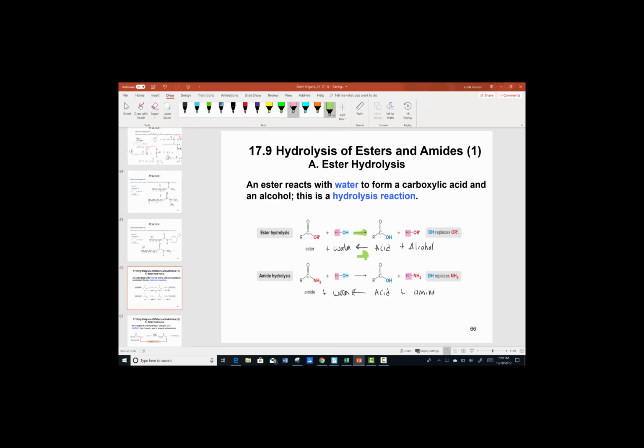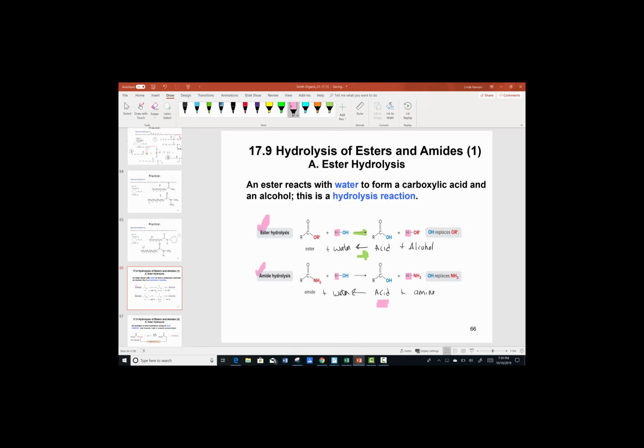So this overall driving force is to get the acid back from the original product. And so as you look at the general formula, that general formula there is just asking us to go in and show water hydrolysis. General formula of ester hydrolysis, right here. The general formula of amide hydrolysis, right here.